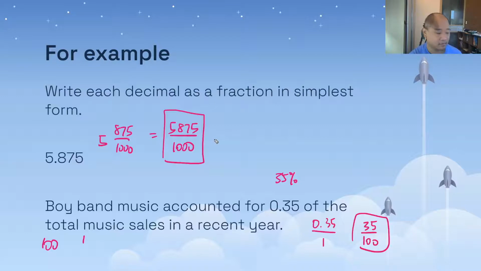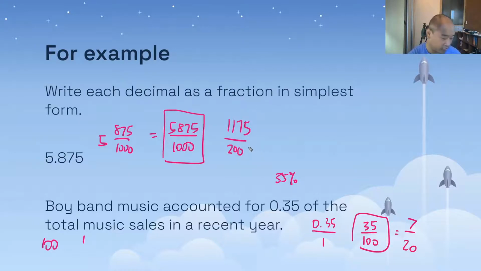But with both of these numbers, I would want you to reduce them. So this would be, divide this by 5, that's 7 over 20. And then for this one, let's see. If we divide this by 5, it's 1,175 over 200.